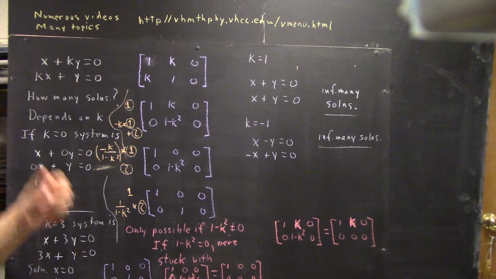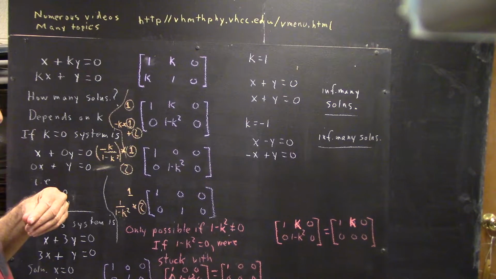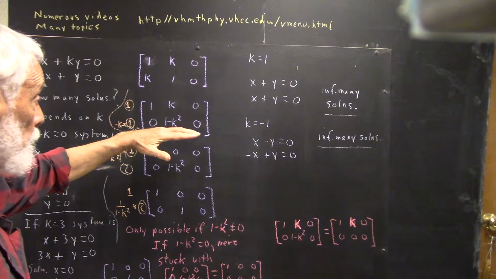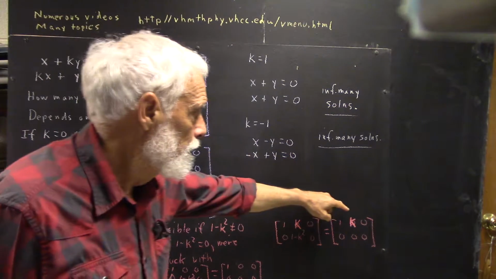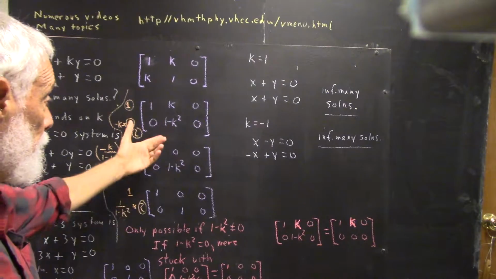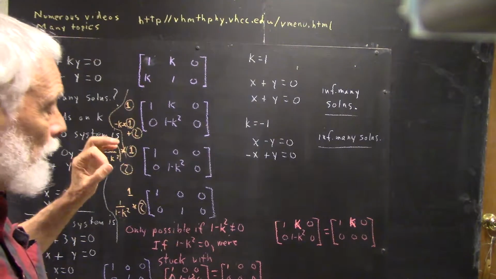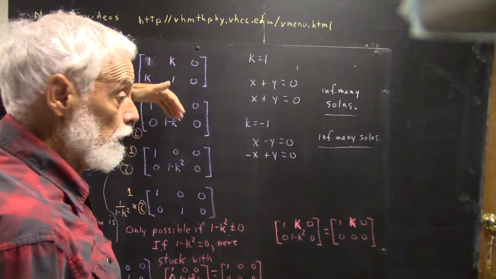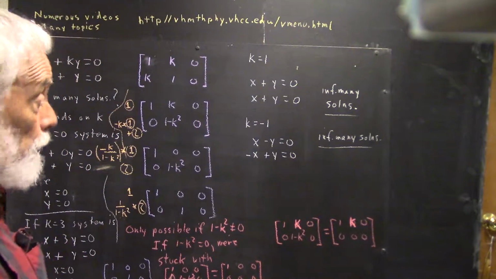And if 1 minus k squared is 0, we go directly from here to here. Okay. We wouldn't have done the rest of these steps. So, as long as 1 minus k squared isn't 0, we end up with one solution. X and y both have to be 0.